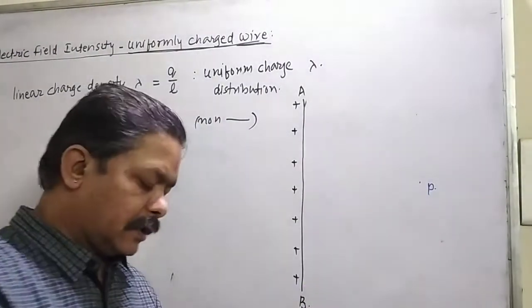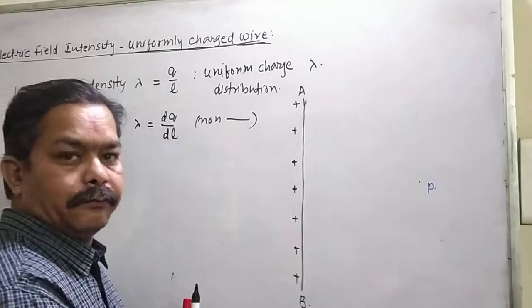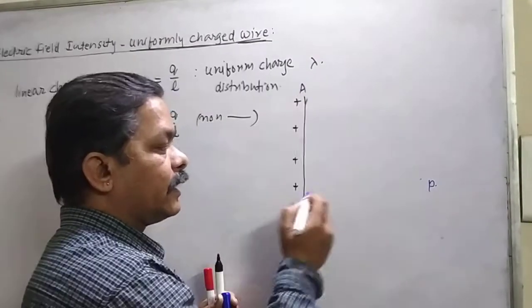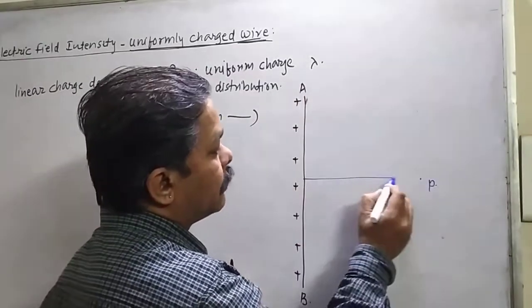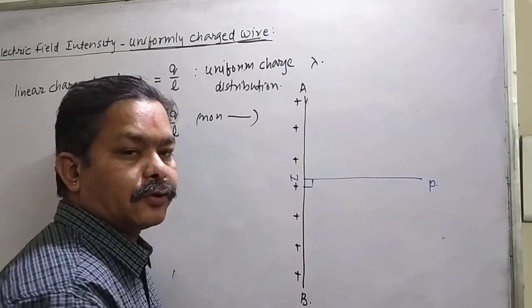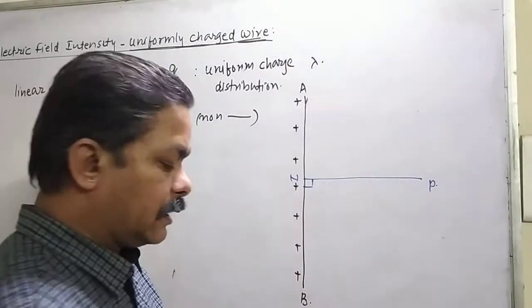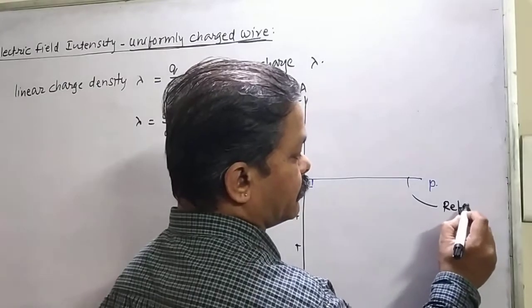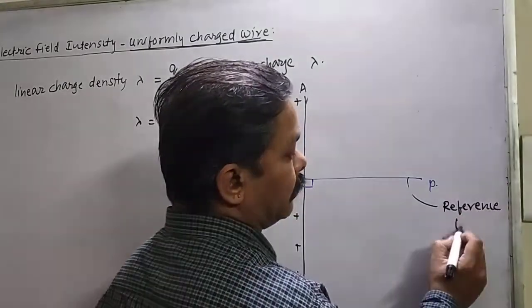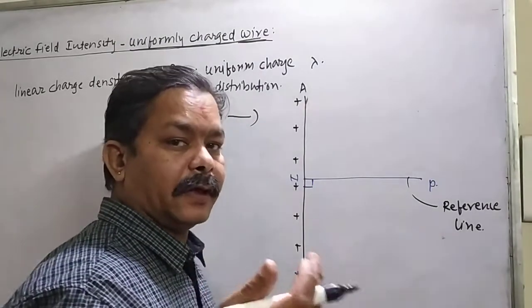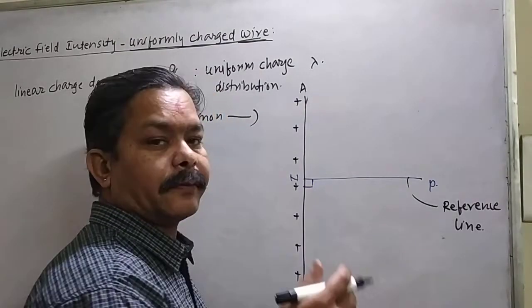Now we drop a perpendicular from P onto the wire AB, and the foot of the perpendicular falls at N. This line PN is named the reference line. The reference line is the line from where you take the observations or measurements.